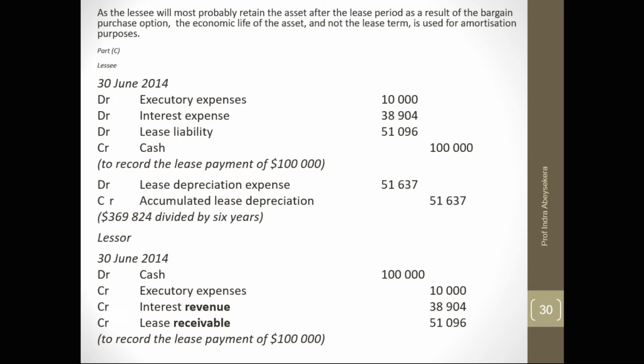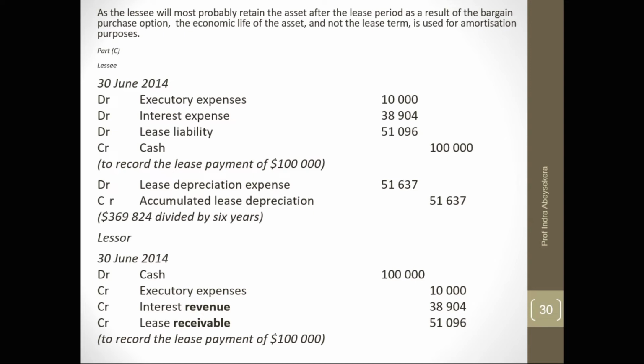2014, we look at the schedule, and for the 100,000 that we pay, the executory cost is 10,000, but the interest expense and lease liability subdivisions have changed because in 2014 the depreciation expense is the same amount because it's on a straight line basis.